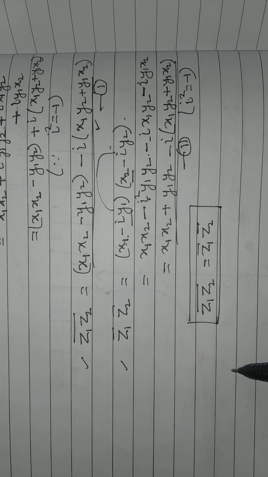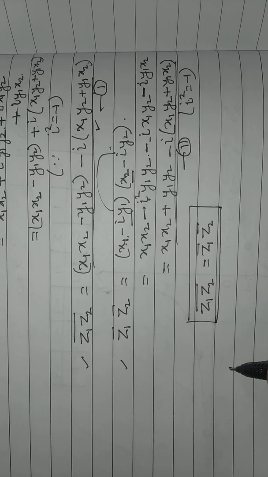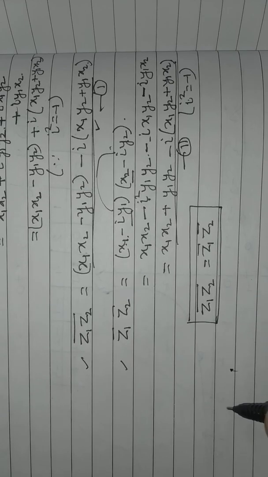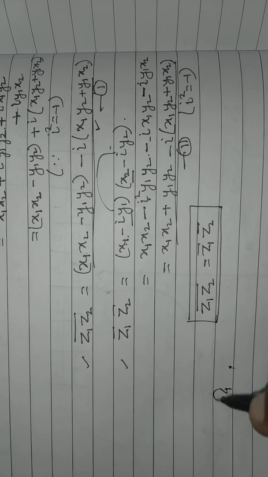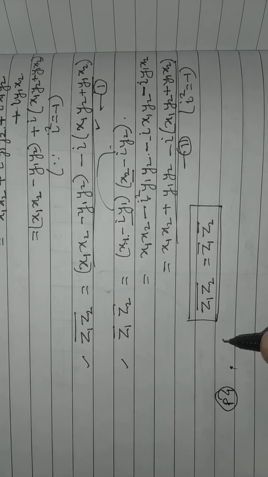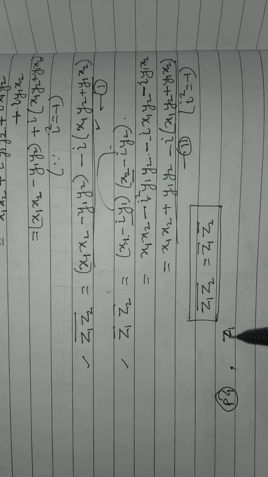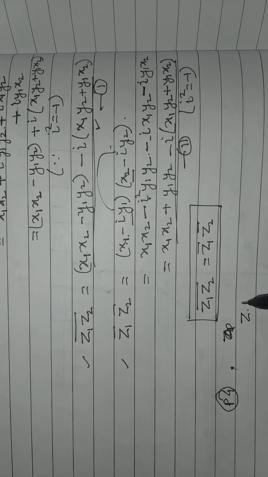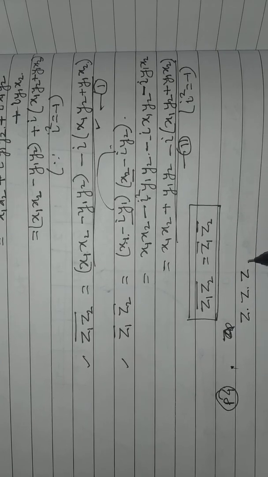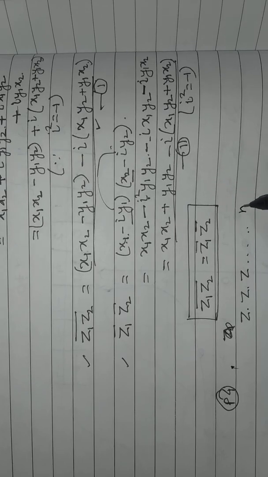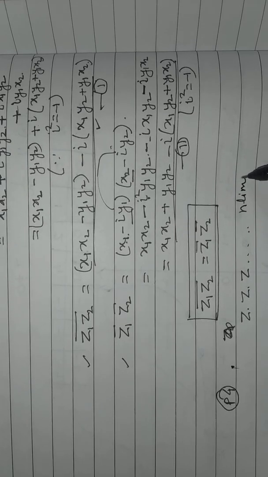Suppose P4, property 4, I am taking z into z into z and so on, multiplied n times.